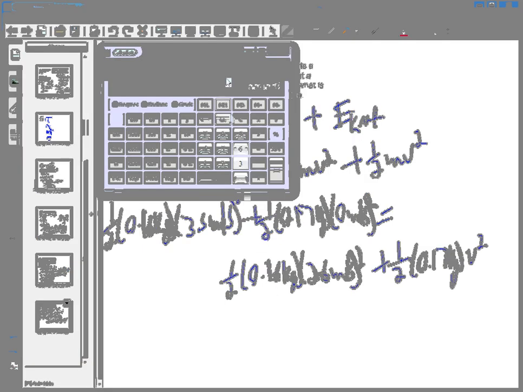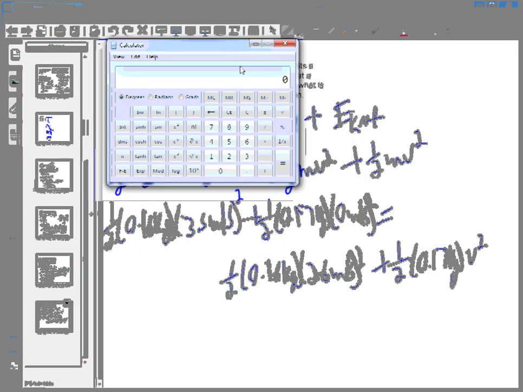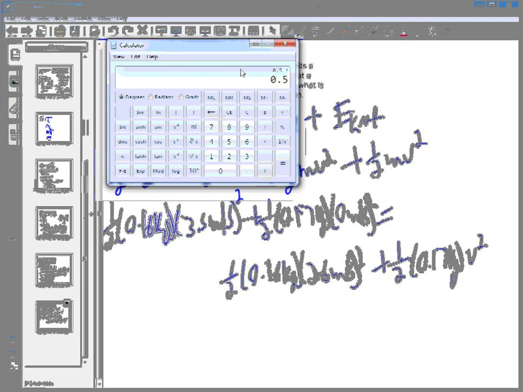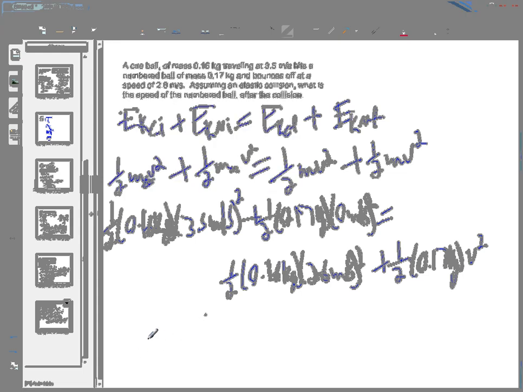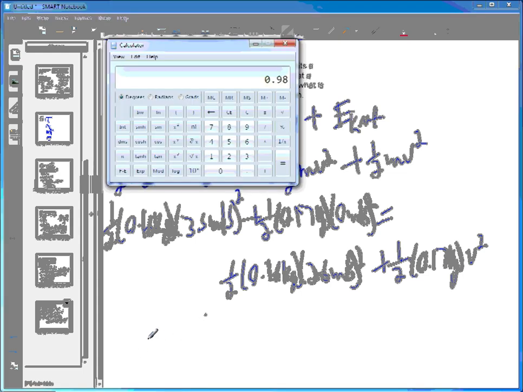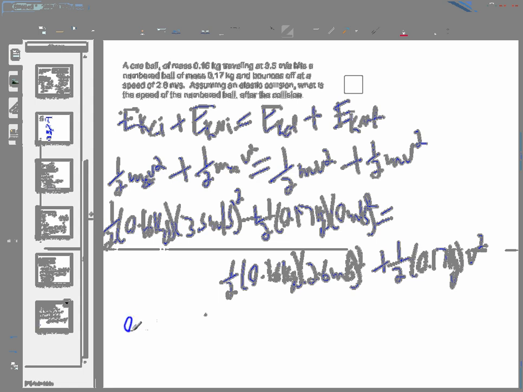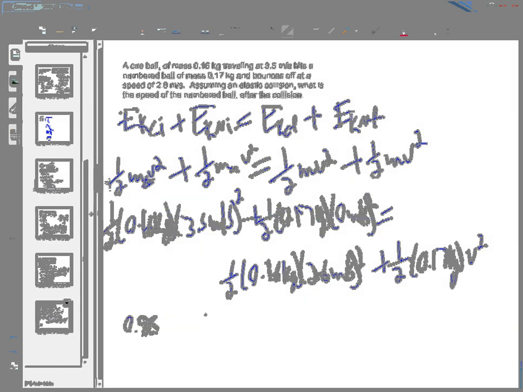Okay. 0.5 times 0.16 kilograms times 3.5 meters per second squared equals 0.98, and that's kilograms meter squared per second squared, which is a Newton meter, which is a joule.